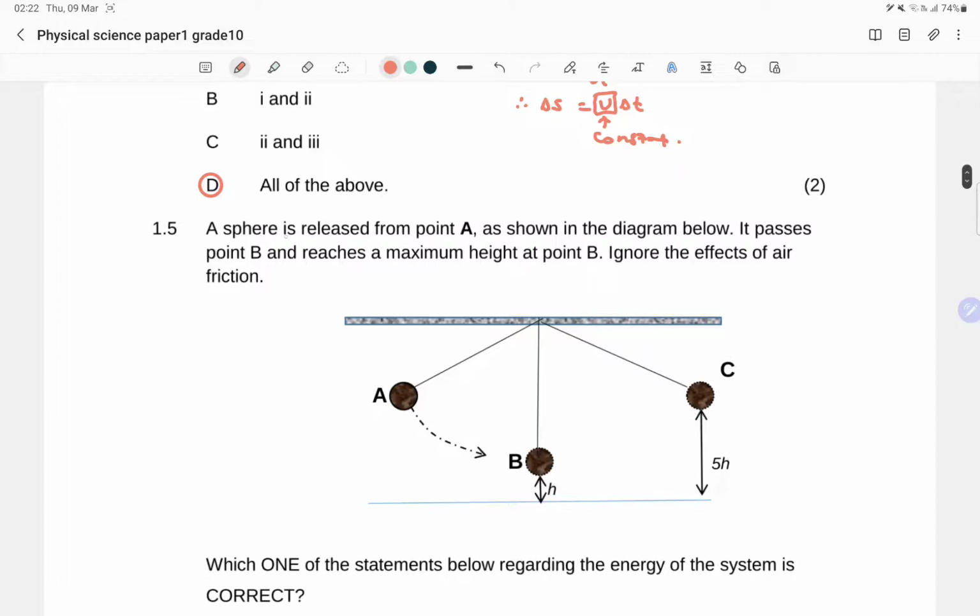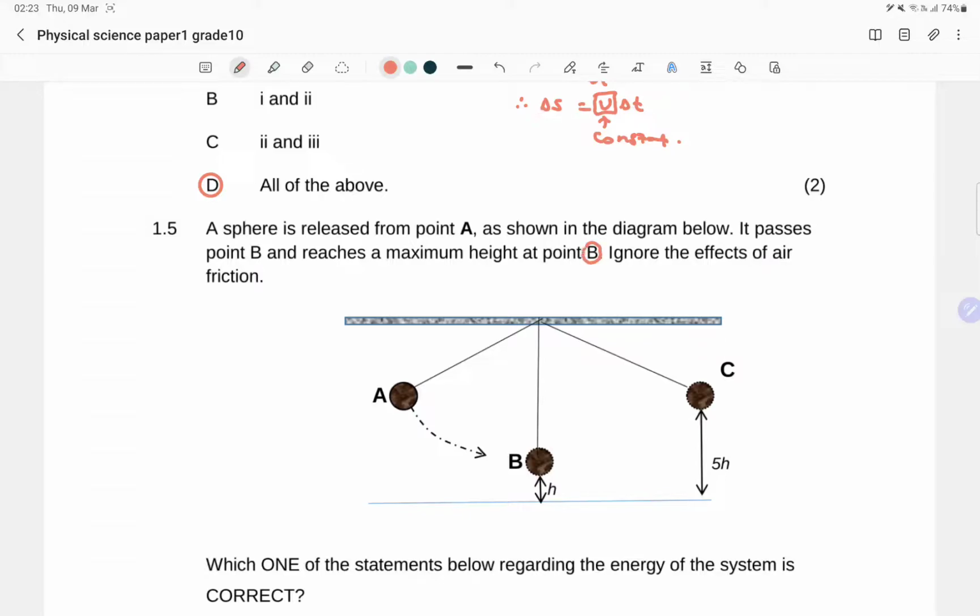Now we're told a sphere is released from point A, as shown in the diagram below, passes point B and reaches a maximum height at point B. What? It passes point B and reaches a maximum height at point B. No, man.